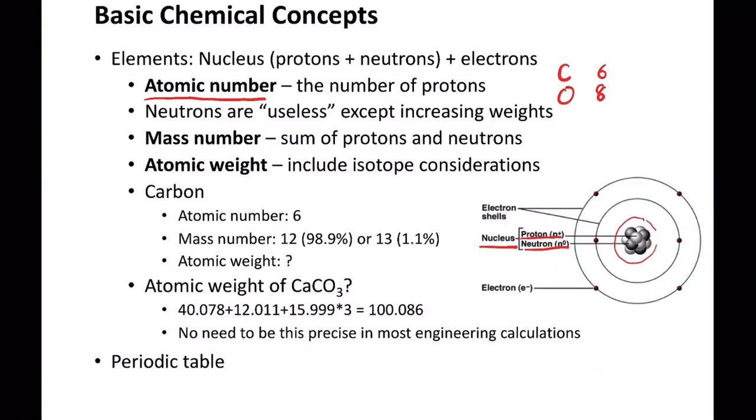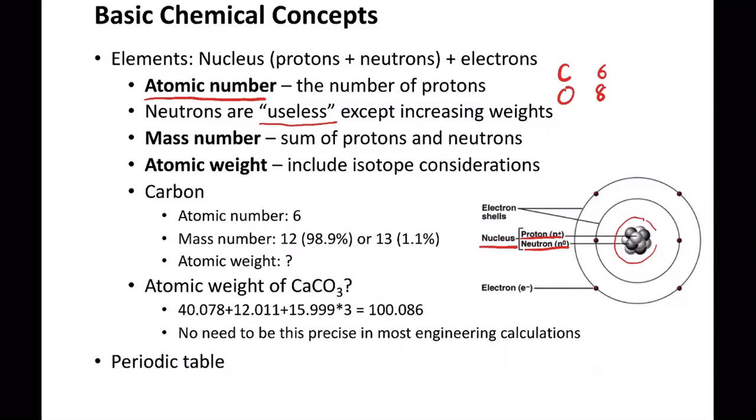So what is the use of the neutrons? Here I'm trying to be quite harsh on it, but neutrons are kind of useless, except that they increase the weight of an atom, right? You will also hear people talking about the mass number. The mass number is just the summation of the proton number and the neutron number.